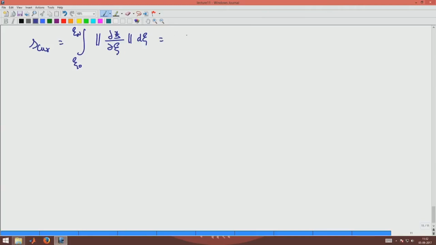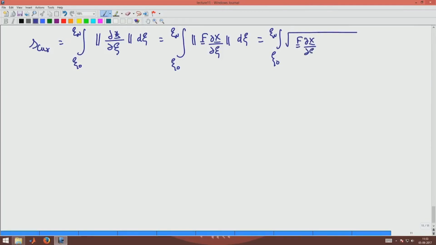This from our previous definition will be nothing but the integral from psi 0 to psi n of the magnitude of F times dou X by dou psi. From the definition of the deformation gradient, that is what it is. I can rewrite it as the integral from psi 0 to psi n of the square root of F times dou X by dou psi dotted with F times dou X by dou psi, d psi.